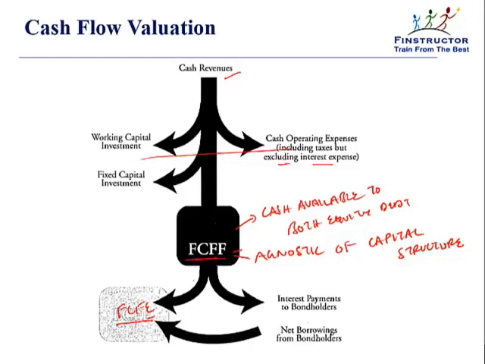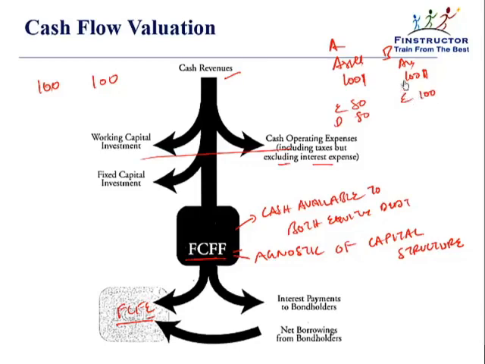If two companies have both cash revenues of $100 and both have the same asset, so the asset is $100 in company A also, and the asset is $100 in company B also. However, A has funded it with 50% equity and 50% debt, and B has funded it entirely with equity.